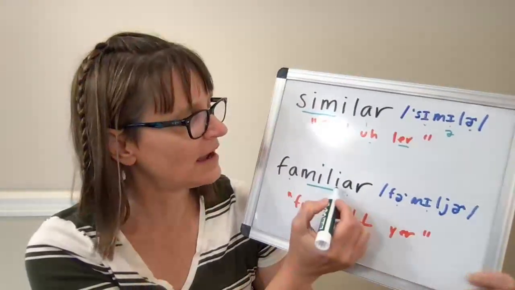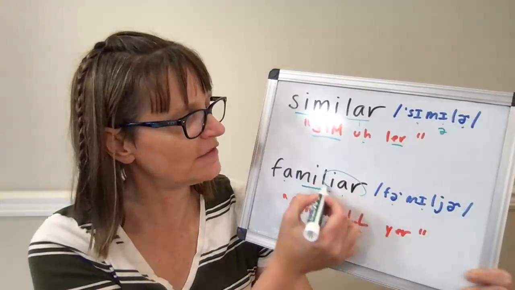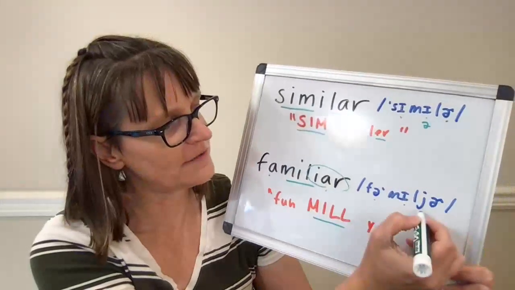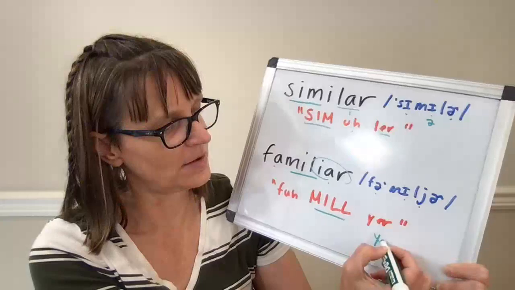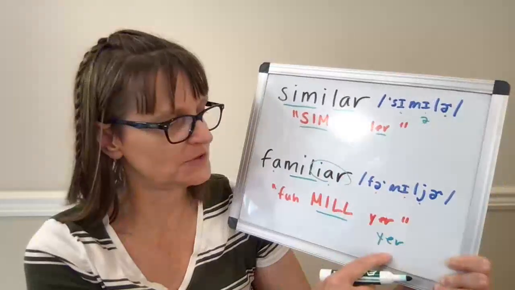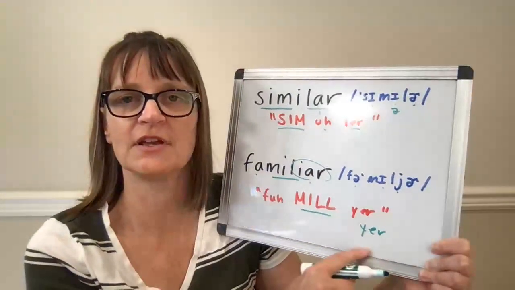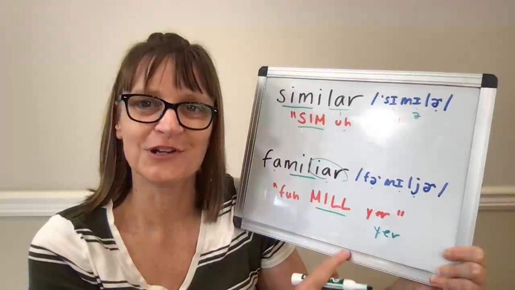And then the IAR, you can see here we just have LAR in similar. Here we have IAR, and so we have a Y sound, like the letter Y. So thinking about making sure that in this one the IAR says yer. So miliar. You can build it from the back.